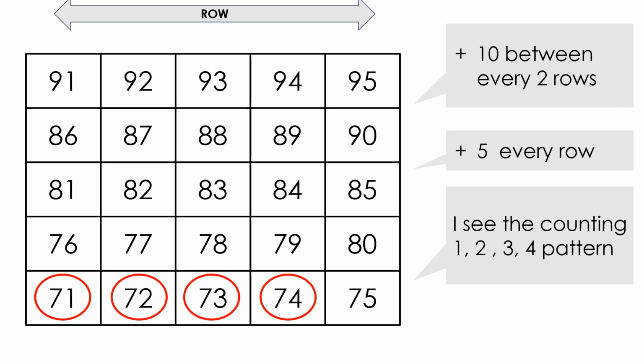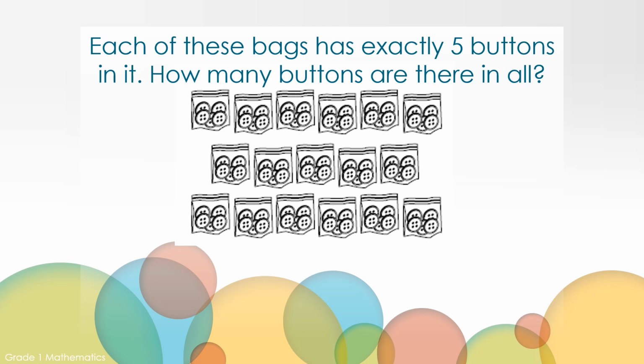Let's review our learning using our communicator skills to write your thinking on paper or talk out loud. Each of these bags has exactly 5 buttons in it. How many buttons are there in all?